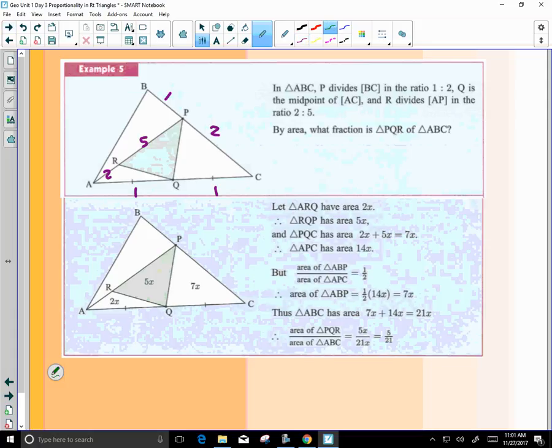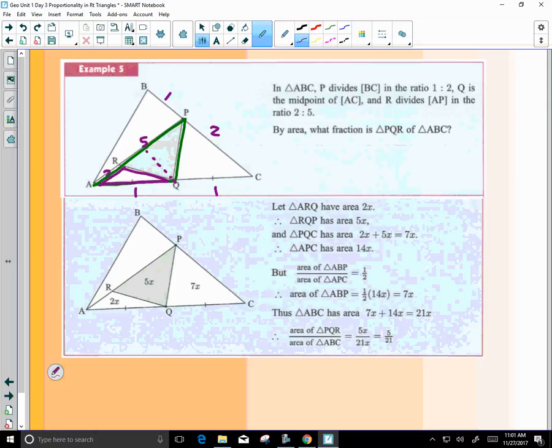So what happens here is that you have to look at these triangles, and these sides are set up as a ratio, and you have to find equal height triangles. So the heights of these two are the same.